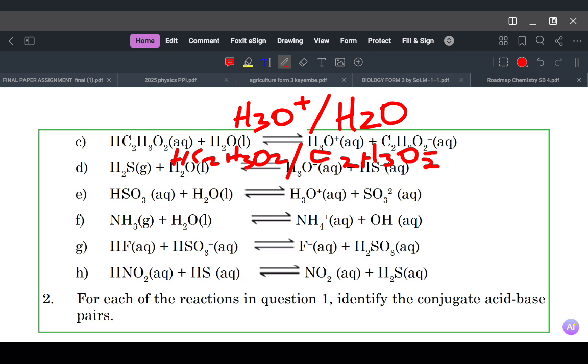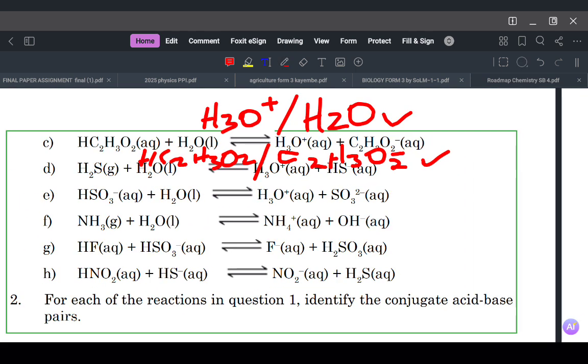Remember that the acid part is listed first, and then the base is listed at the end. All right, so these are the two conjugate acid-base pairs which are needed from this example C.